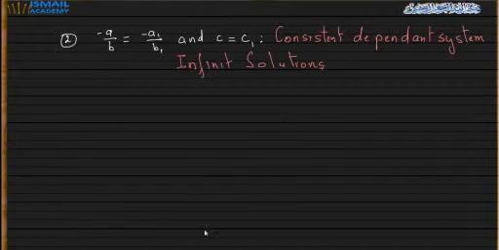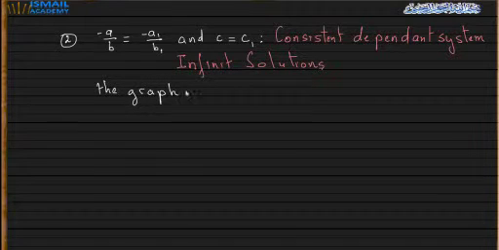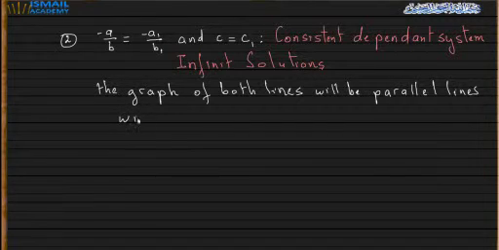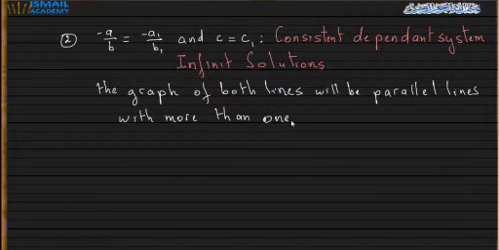So the graph of both lines will be parallel lines with more than one point in common.